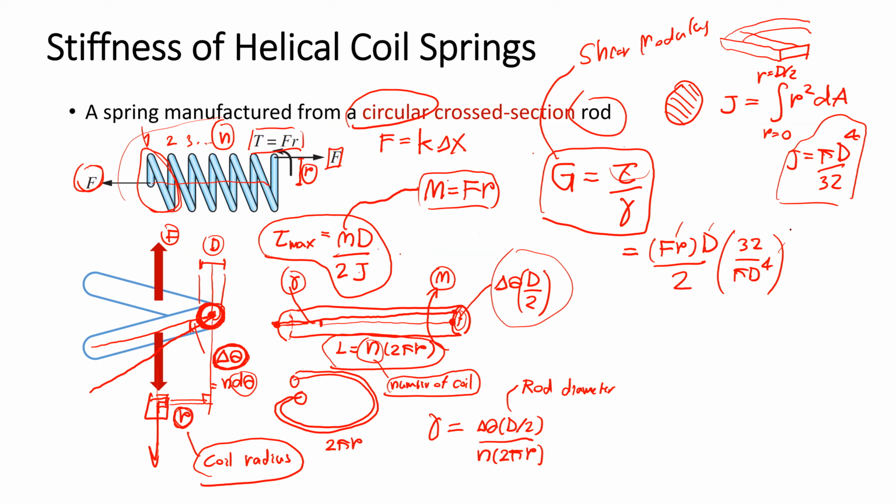And the strain, as a denominator, is going to be the number of coils, one revolution length of the coil, and the delta theta.